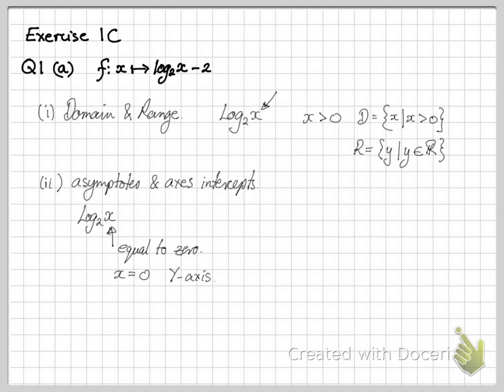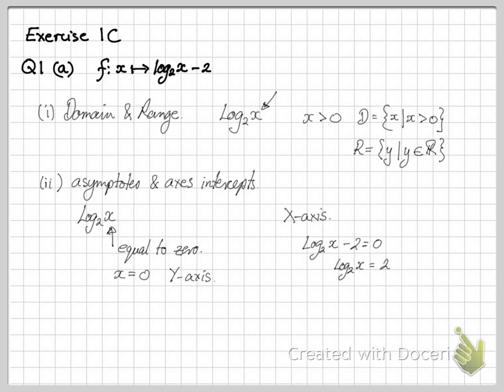Where does it cross the x-axis? Well, that's where log x minus 2 is equal to 0. Because we know when you cross the x-axis, the y value is 0. So solving that, we get the log to base 2 of x must be then equal to 2.